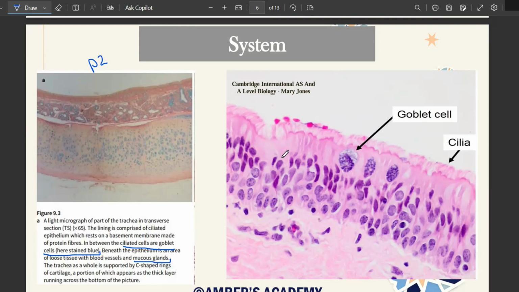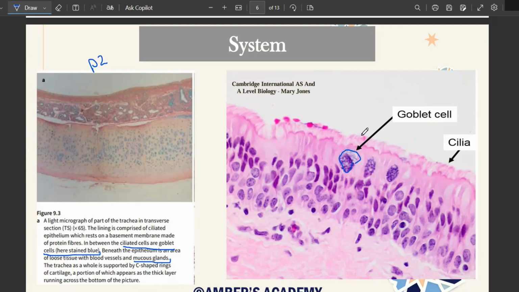So here you need to understand where goblet cells are present and where cilia is present, and this is the histological picture. This is a transverse section, and it's a light micrograph. You can see it right after cilia. The hair-like structures are cilia, and beneath them you can find goblet cells, and beneath goblet cells you can find mucus glands.